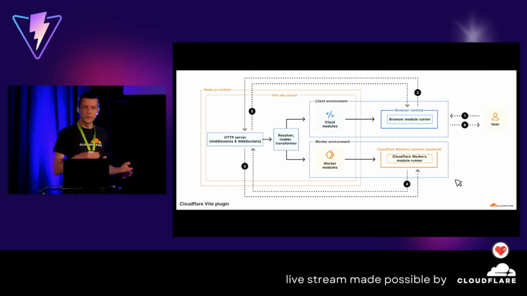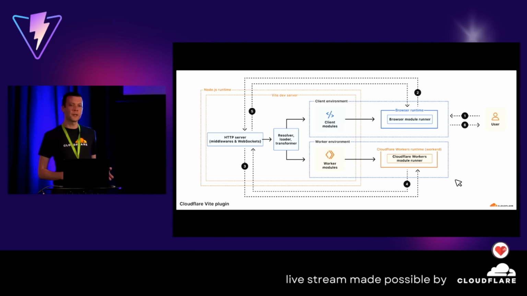But what we've found, especially working alongside frameworks and the feedback I think the Vite team have got also with the Environment API, is that moving to this model actually really improves your framework code for development time, because it brings it closer to production.